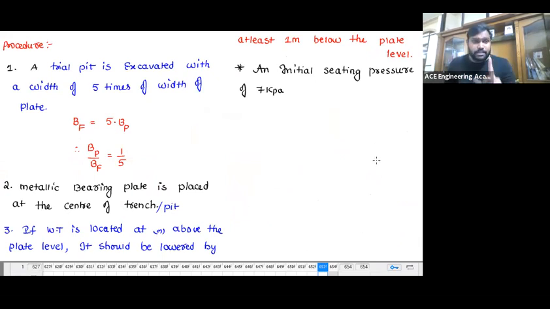So an initial seating pressure of 7 kilopascals is applied and released later.